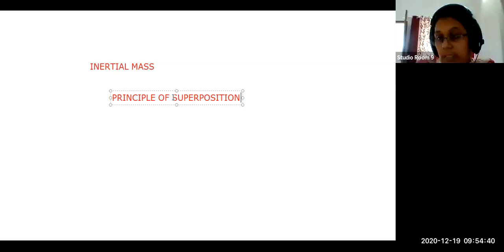Now we are discussing gravitation, so here we are talking about the principle of superposition between the objects and the Earth. Got it?